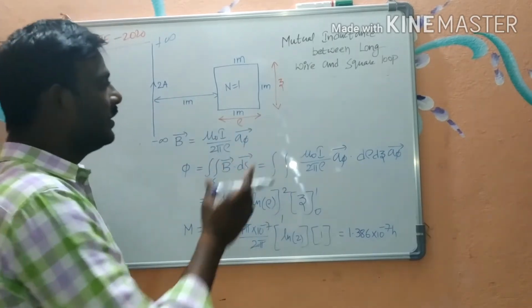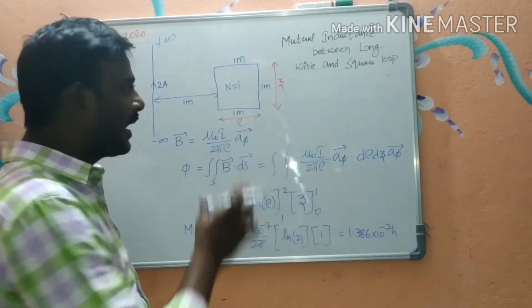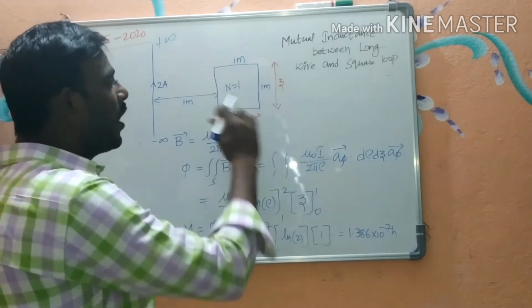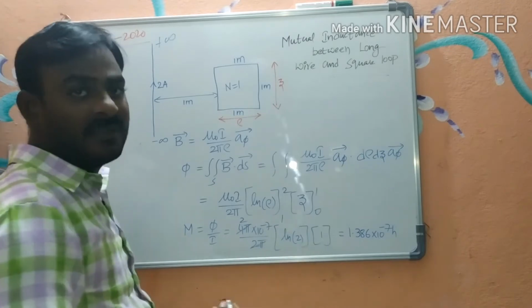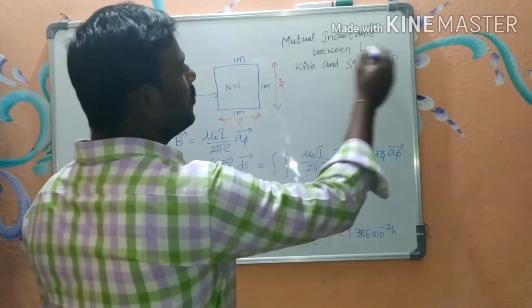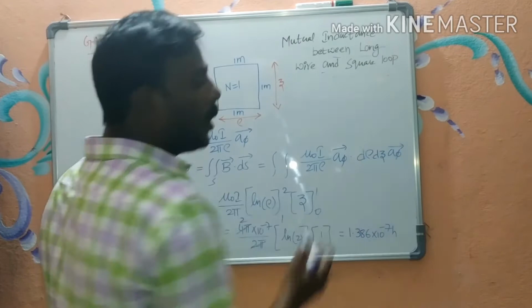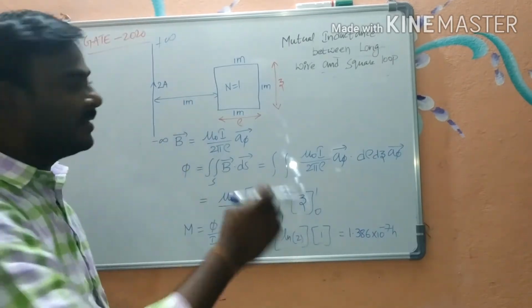Near that you have a conducting loop of 1 meter side. The question asked in the examination is to find the mutual inductance between the long wire and the square loop.